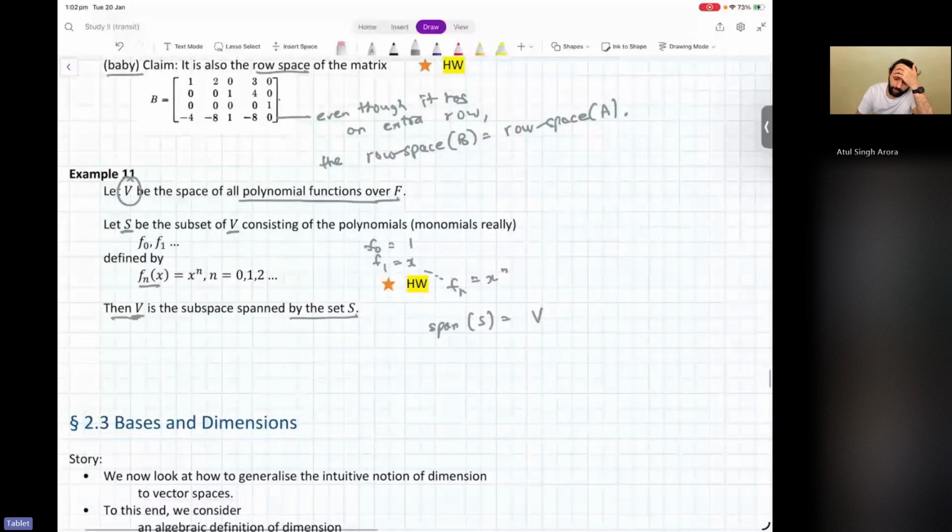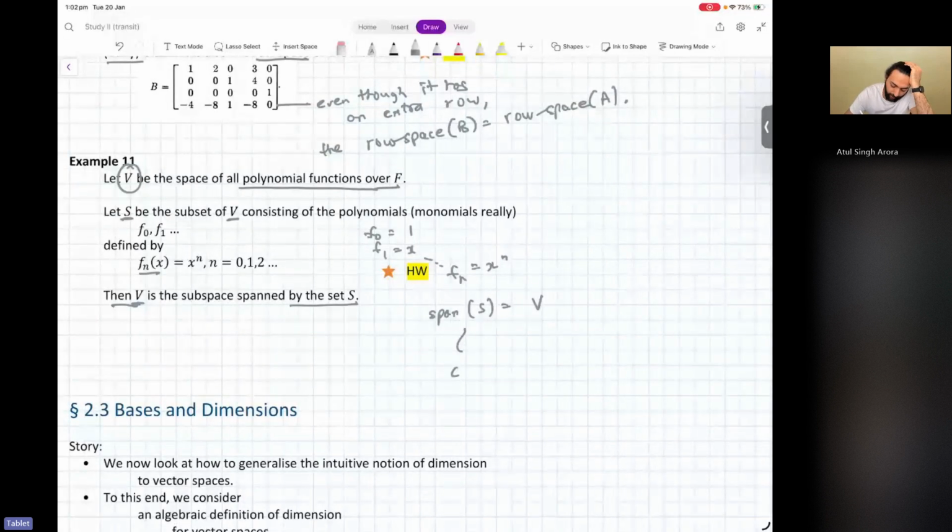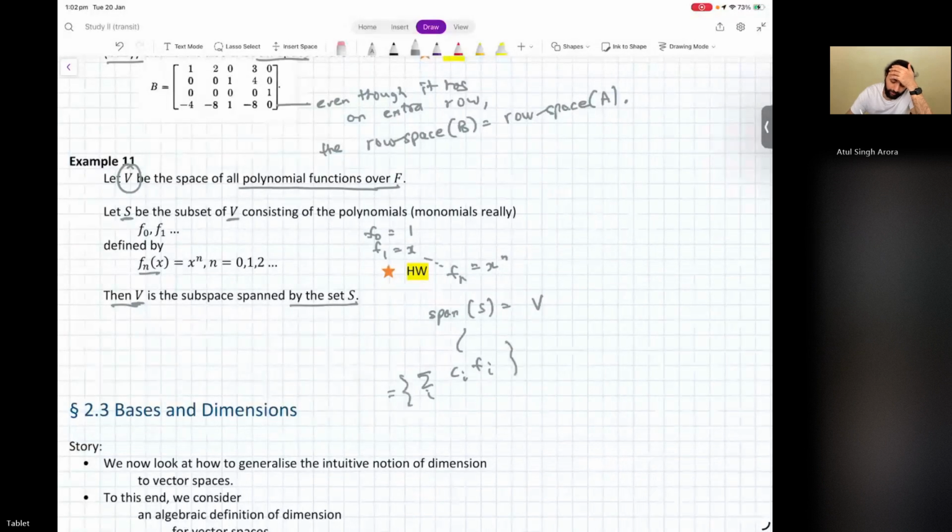And how does one do this? One can just use the definition of adding coefficients. So you can say the sum over i of ci fi would be the span of S, for arbitrary values of ci, with ci in F arbitrary.